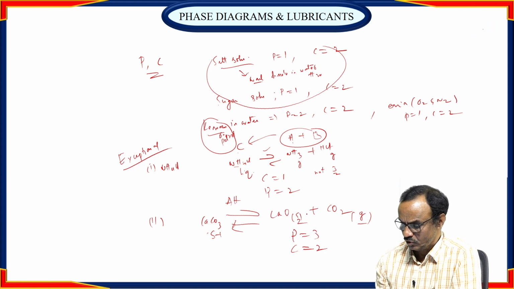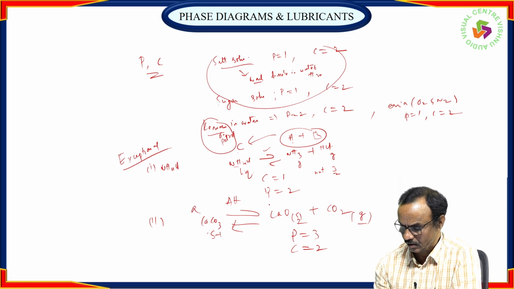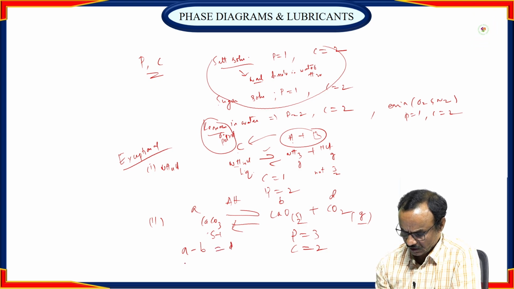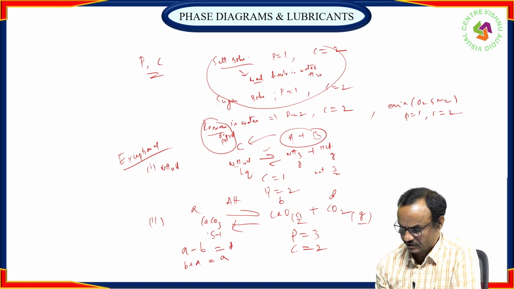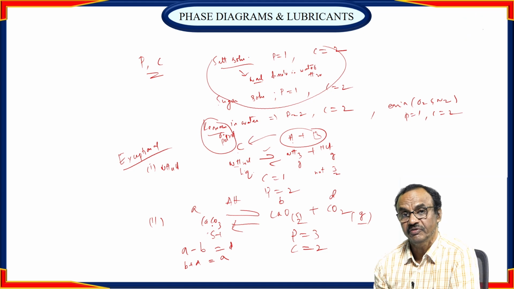By adding CO2 to this, you will get this one, or by subtracting CaCO3. Suppose A, B, D: subtracting A minus B, where A is calcium carbonate, you will get D. Or B plus D, you will get A. But since solid 1 and solid 2 are different, you cannot mix them.